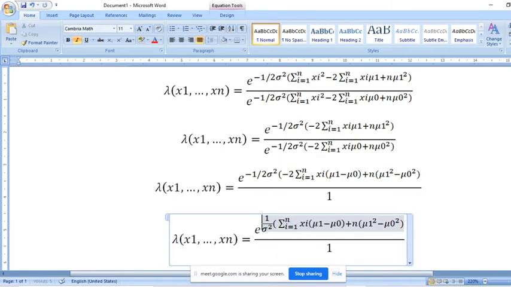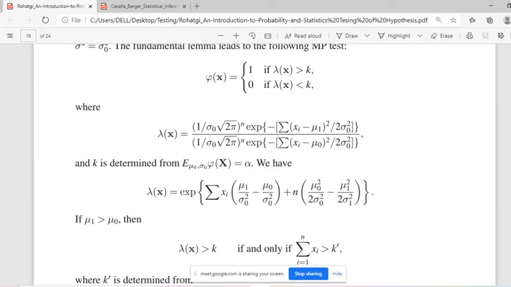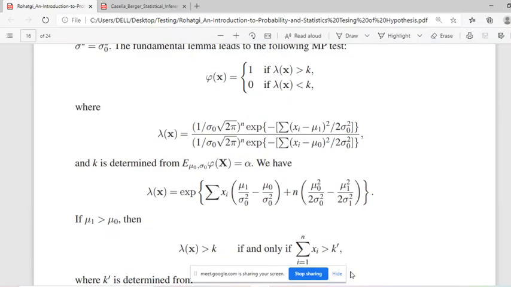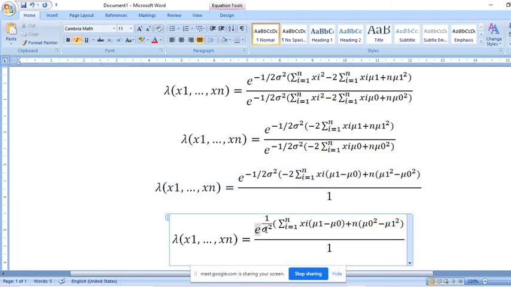Okay, we can remove this minus 1 so that it will be plus here, and use sigma naught because it is given that.